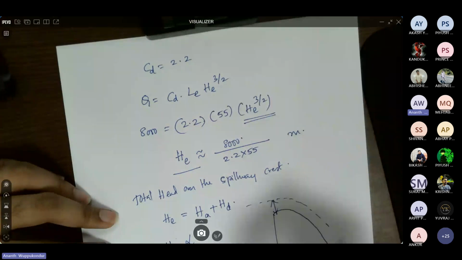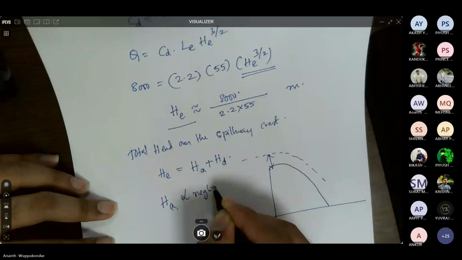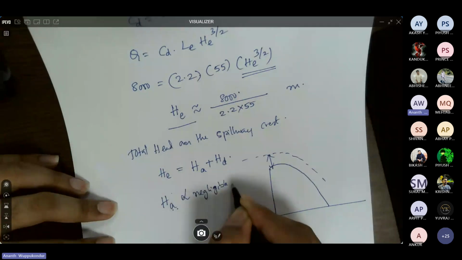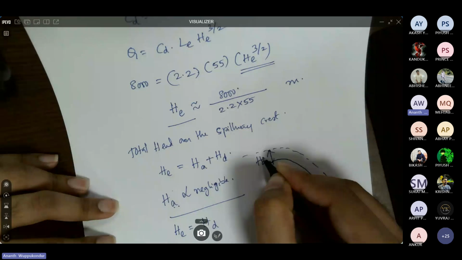And for simplicity, let's say HA is negligible, meaning our total head is only a function of the water depth HD. So we are simplifying for the case of this example.